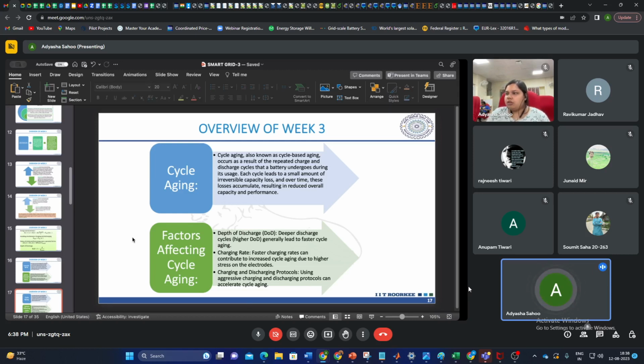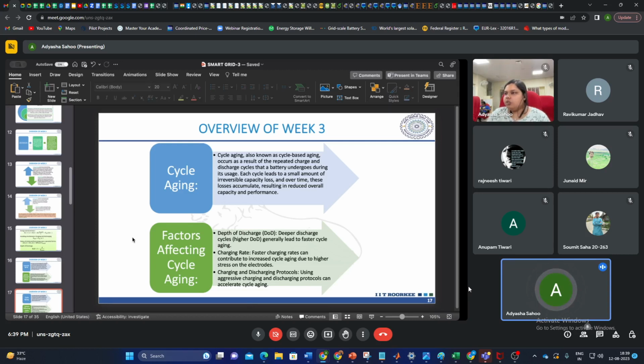The factors that actively affect cycle aging are depth of discharge. The deeper the discharge cycle or DOD, obviously the faster the cycle aging. Charging rates also contribute to cycle aging. High charging rates lead to higher stress and may lead to faster aging.